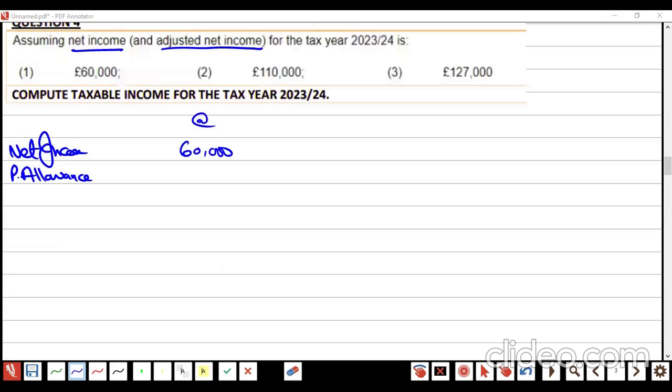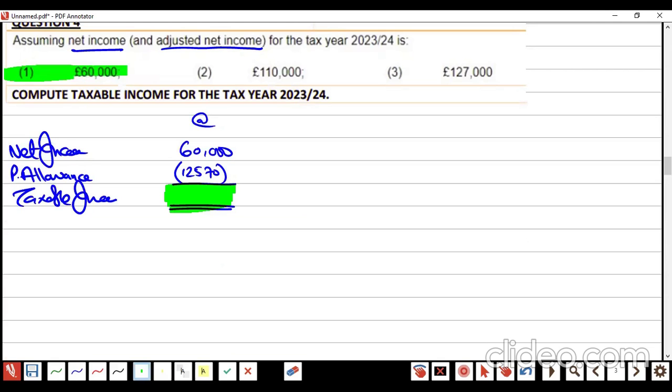No, it's not. So 12,570, finish. That is the allowance, and the taxable income answer is 47,430. That's it.